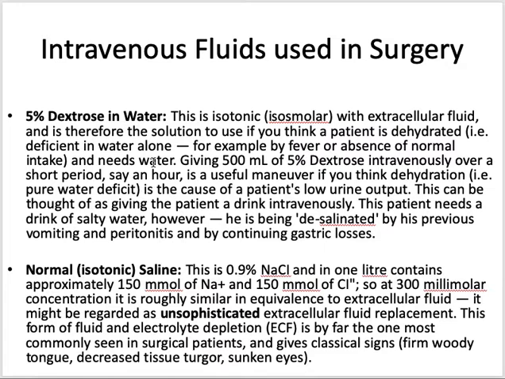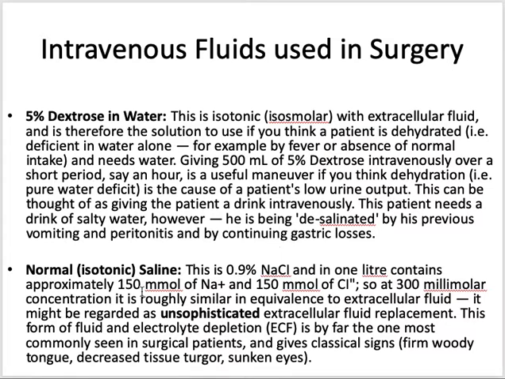Of course, it is going to give them energy, and they have the electrolytes already in their body, so they don't need any electrolyte, right? Dextrose given intravenously over a short period, say an hour, is a useful maneuver if you think dehydration is the cause of the patient's lower urine output, if you think the person has a pure water loss.